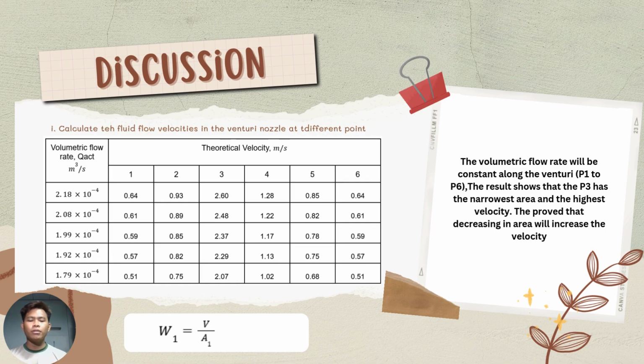From the calculation, we can see that the point 3 has the narrowest area, which has the highest velocity. So this is proof that the higher the area, the lower the velocity.